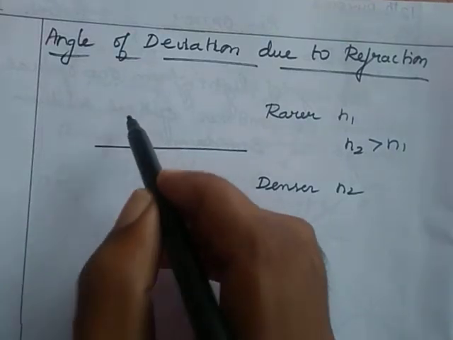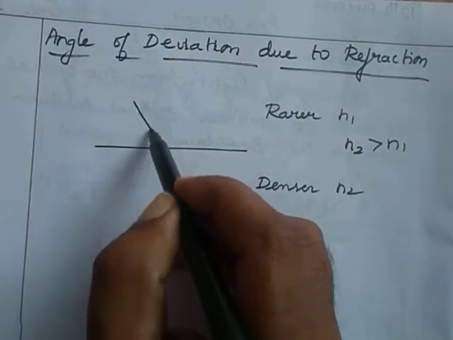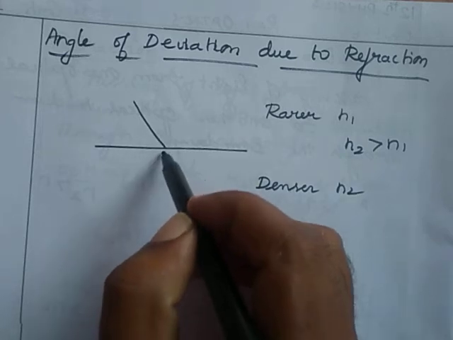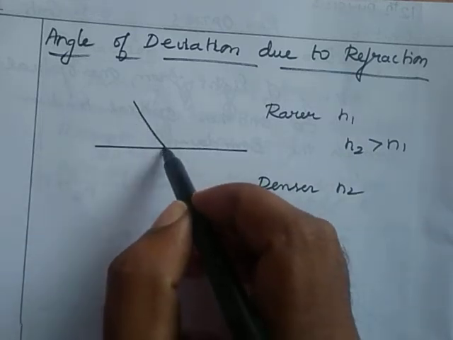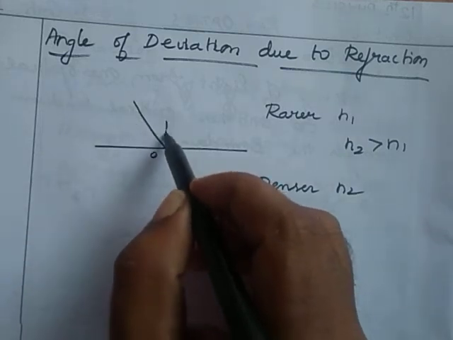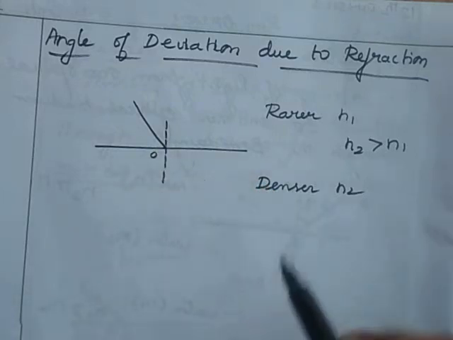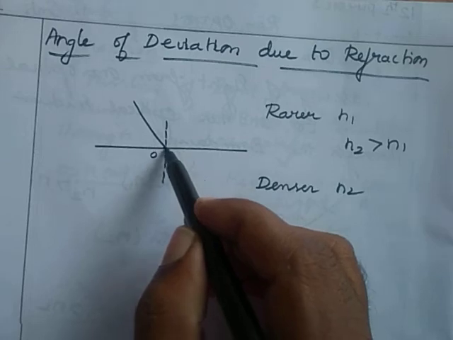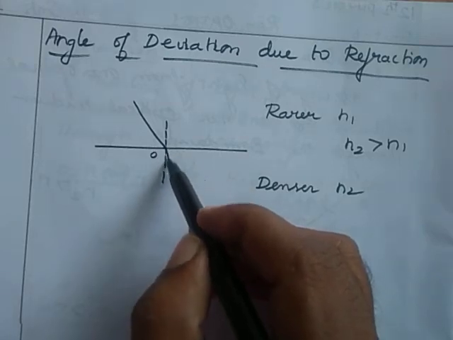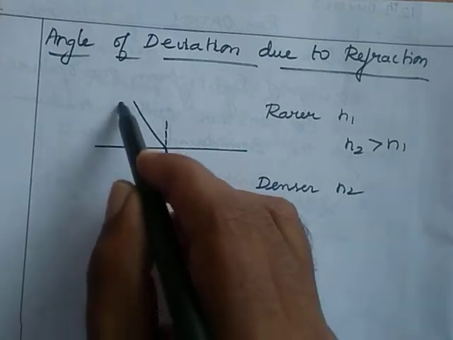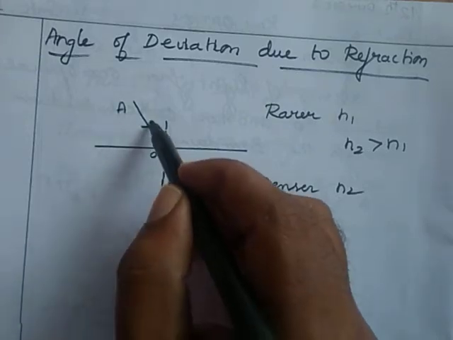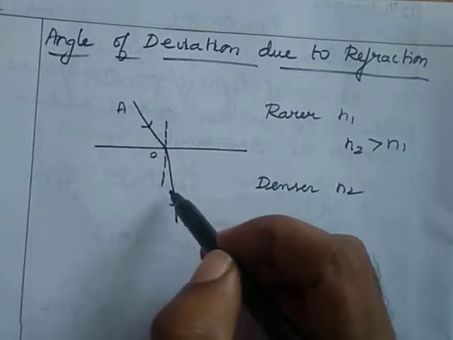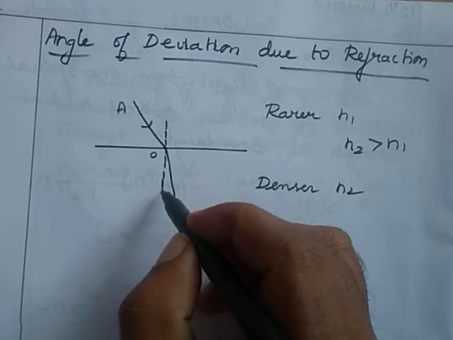Then next, there is a ray of light that falls on the point O. At that point, I consider a normal. Here the ray of light comes from rarer to denser medium, so it will bend towards the normal. A, O, this is O, B. Then we know this is r.